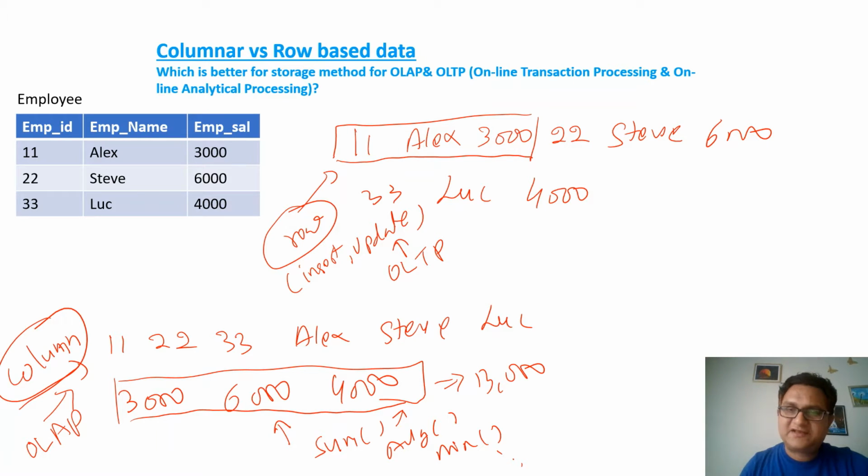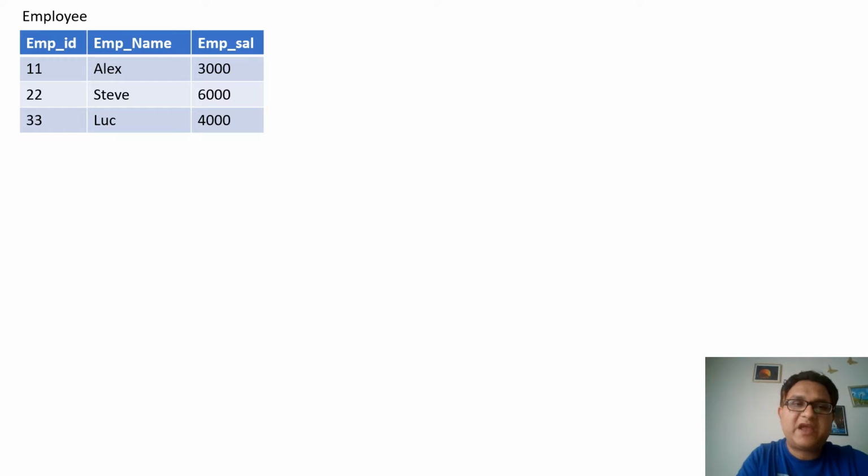Now, let's take an example. Instead of storing this data in the columnar format or the row format, can we do some kind of hybrid approach? Let's say we have employee ID, employee name, employee salary. These are the three columns. What we can do is make a chunk.